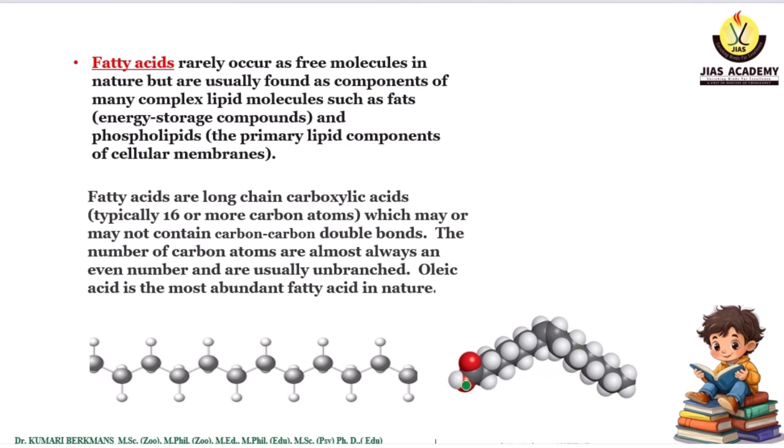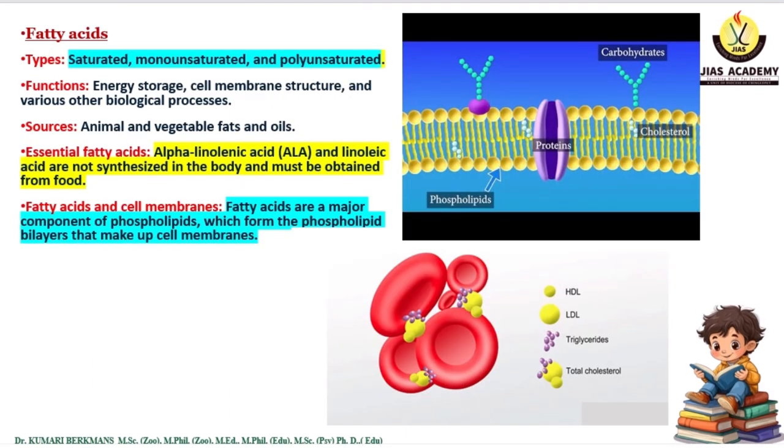What you see here is a long chain of fatty acid. This is also a long chain of fatty acid, and this is oleic acid, one of the most abundant fatty acids in nature. And types of fatty acids. There are three types of fatty acid: saturated, unsaturated and polyunsaturated.